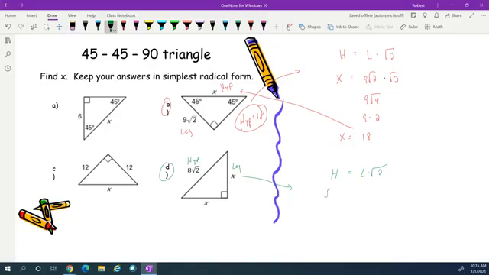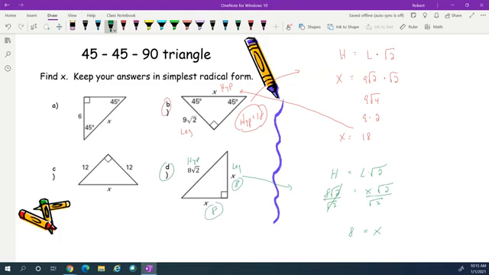The hypotenuse in this question is 8 square root 2. The leg is x times square root 2. So to get x by itself, we have to divide by square root 2. And square root 2 over square root 2 cancels, and we're left with 8. So both legs are 8.